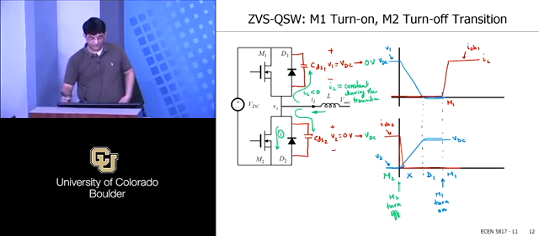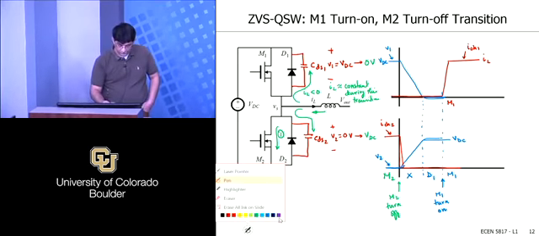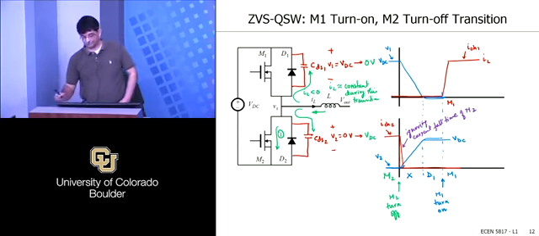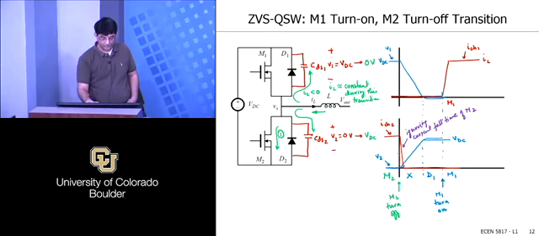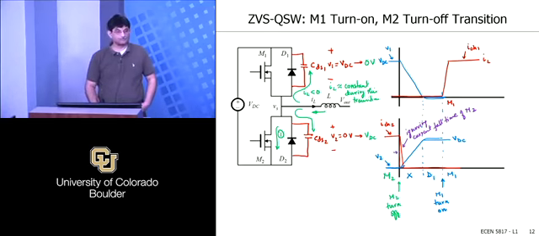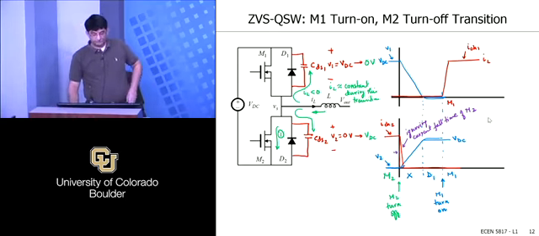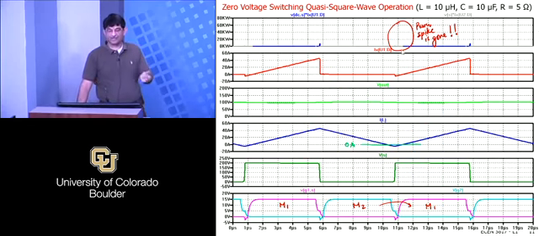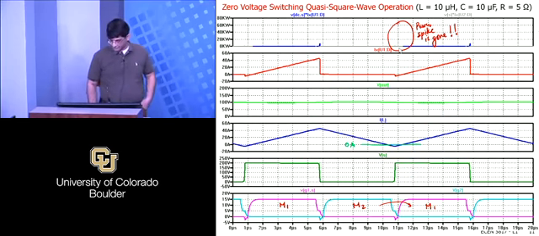Here I'm just ignoring the current fall time of M2. Okay, and then by ignoring it, it becomes that one, right? But yes, there'll be small loss, and in fact, if you look really carefully on a more minute scale, you'll see some loss there.